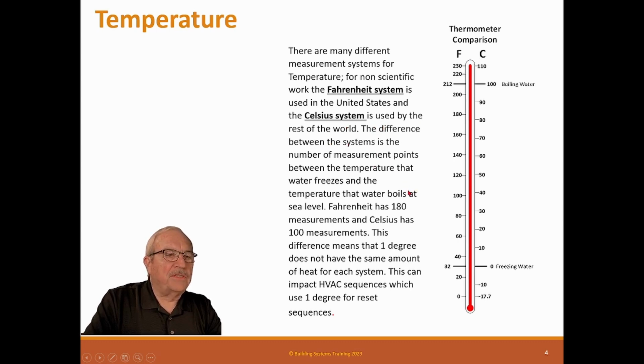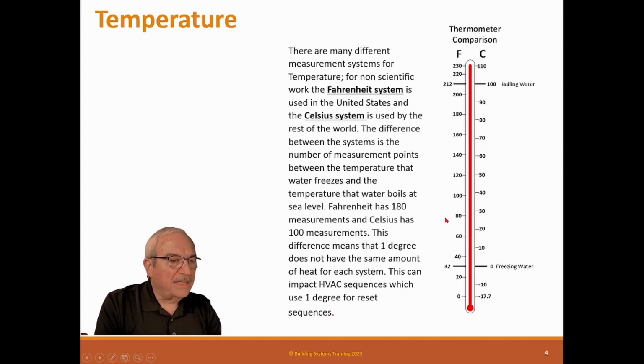The difference is that the Fahrenheit scale goes from 32 at freezing to 212 at boiling, and that is 180 degrees. But on the Celsius scale, 0 is freezing and 100 is boiling. So we have 100 units on the Celsius scale and 180 on the Fahrenheit scale.